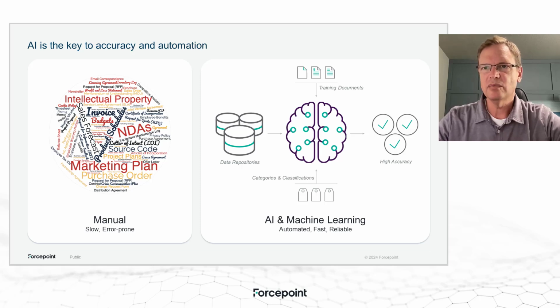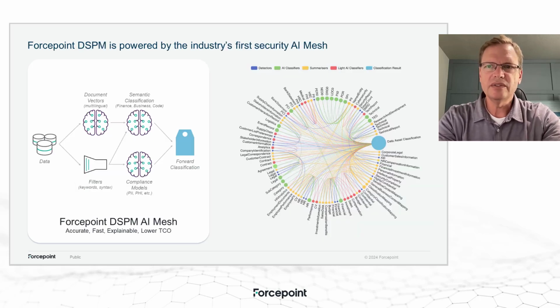I want to talk to you about what is different about the Forcepoint DSPM AI mesh. We use things like small language models, and we're doing this so we can be fast and accurate. We want to lower the total cost of ownership, running on normal CPUs and not having to have special hardware.